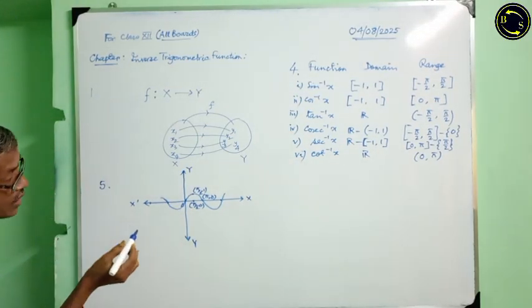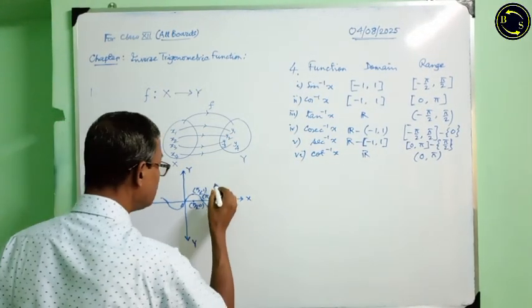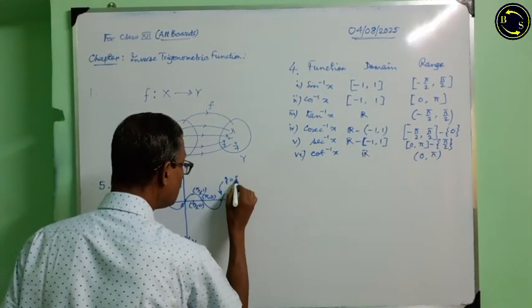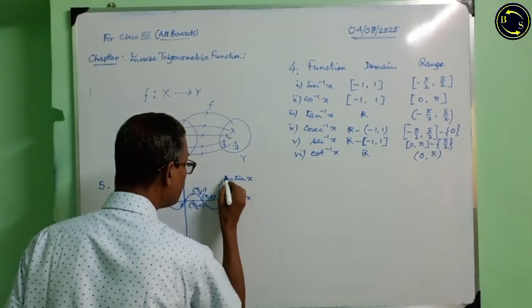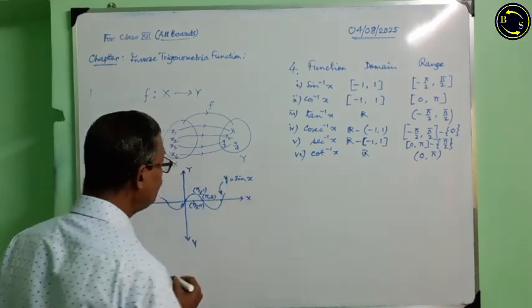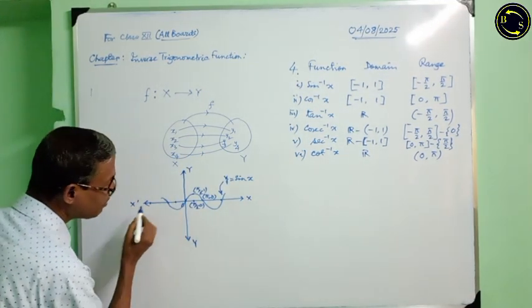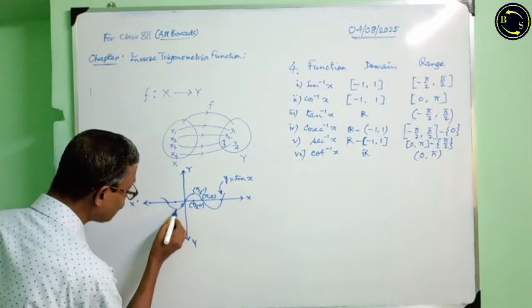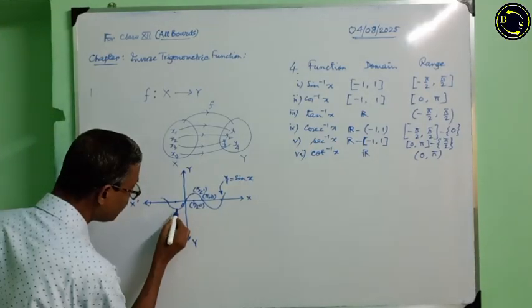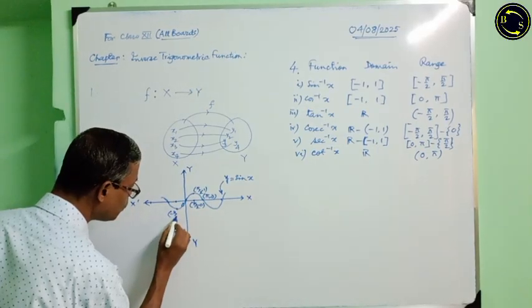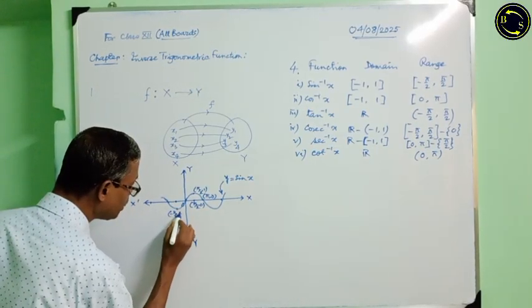You see, this is the sine curve. And this point is (-pi/2, 0). This point is (-pi/2, -1).